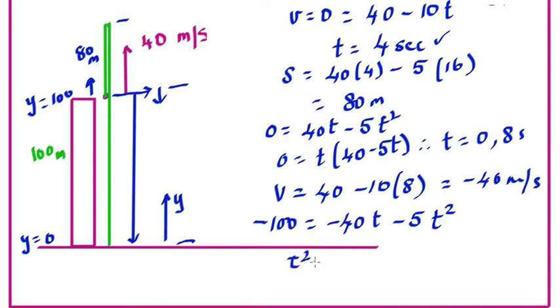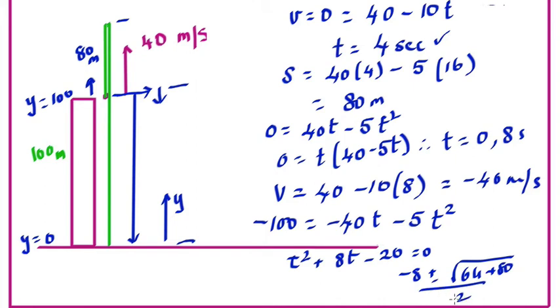This is t squared plus 8t minus 20 is equal to 0. So t is minus b plus or minus the square root of b squared minus 4ac, where minus 4ac becomes plus 80, divided by 2.